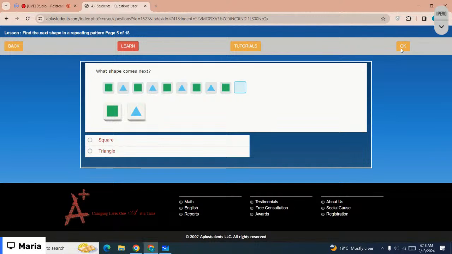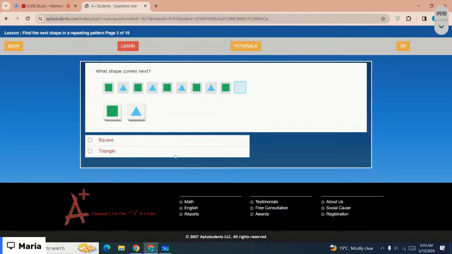Which shape comes next? Which is the correct one? That is a triangle.